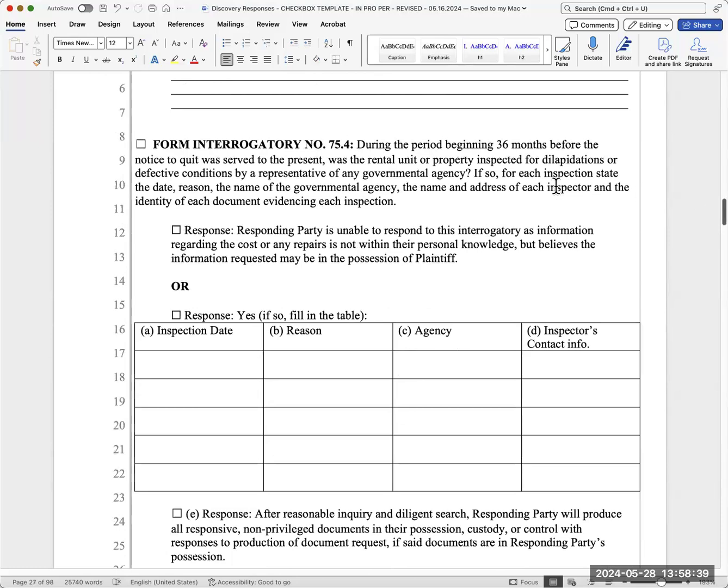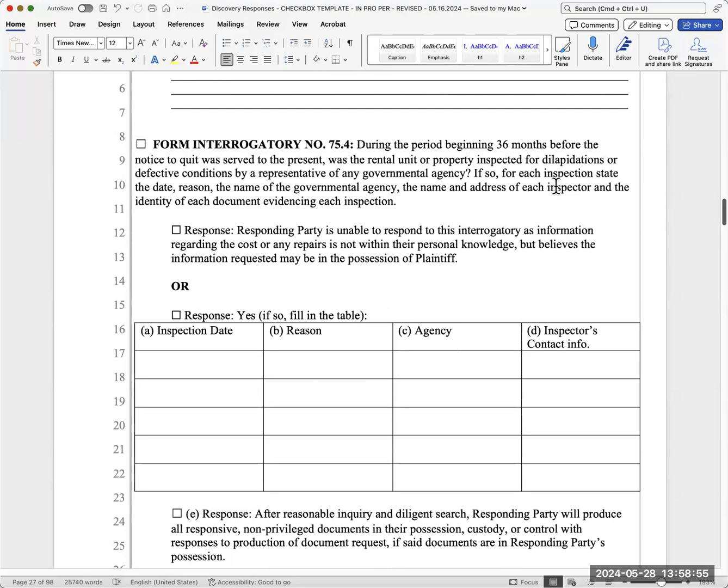75.4: during the period beginning 36 months or 3 years before the notice to quit was served to the present, was the rental unit or property inspected for dilapidations or defective conditions by a representative of any government agency?